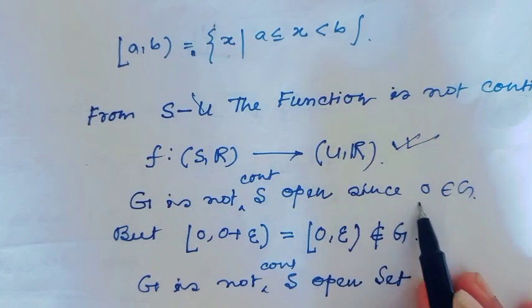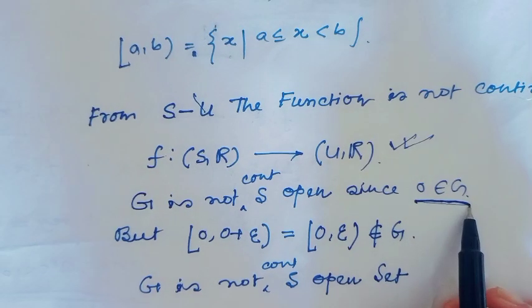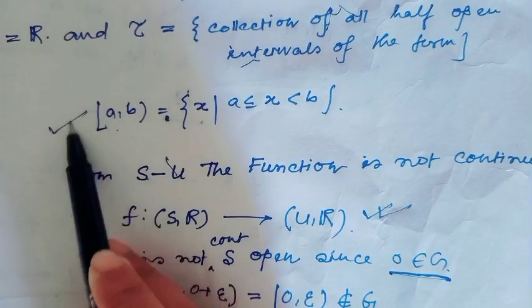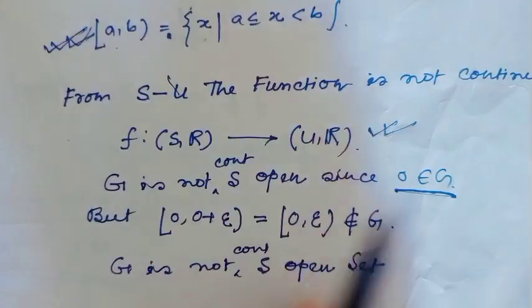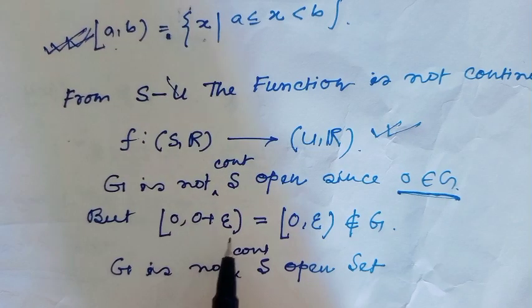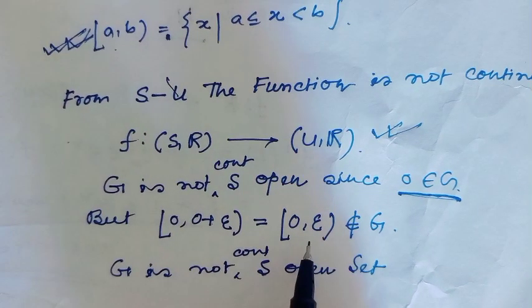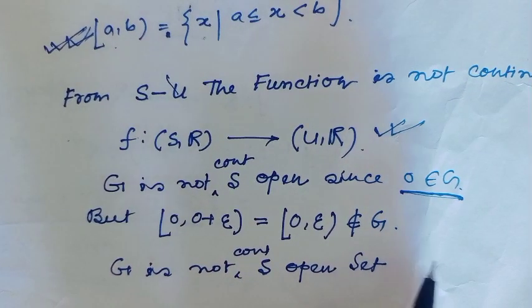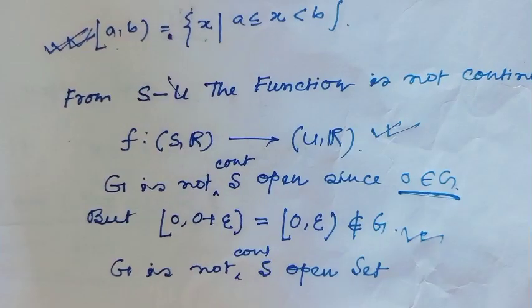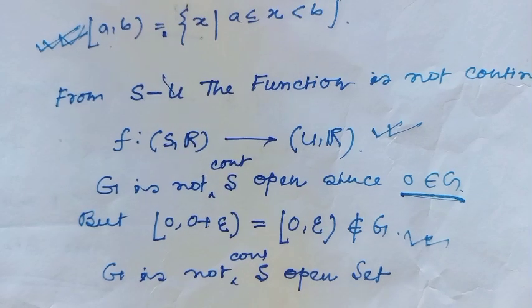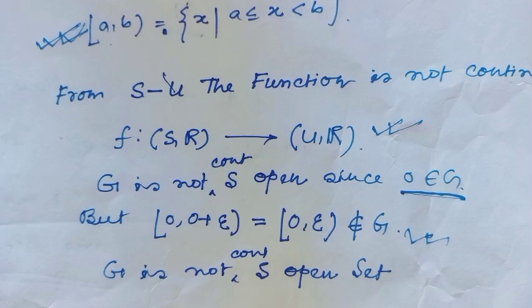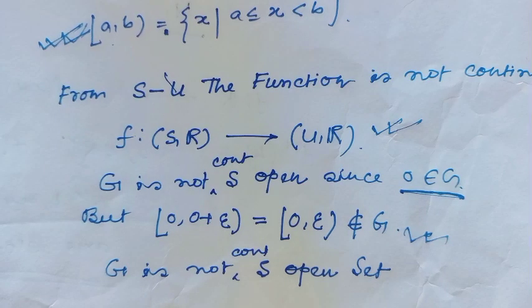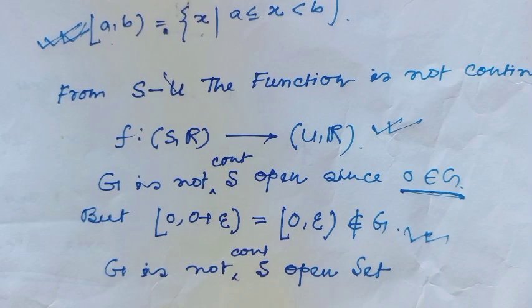Because 0 belongs to the set G, but in the lower limit topology the set looks like 0, 0 plus epsilon, which is equal to closed 0, open epsilon, and this does not belong to the set G. So f is not continuous in the lower limit topology.